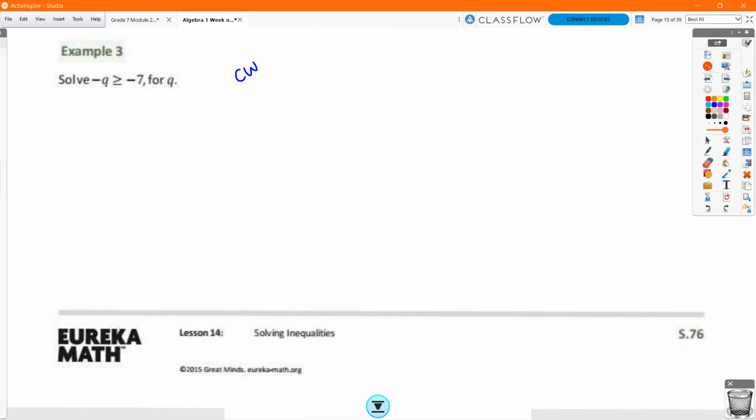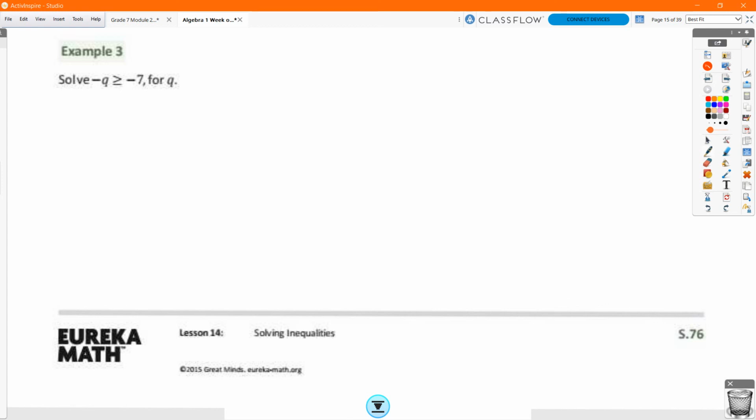All right. So far, everything that we've dealt with is dealing with a positive coefficient. Now we're dealing with a negative coefficient. Okay?